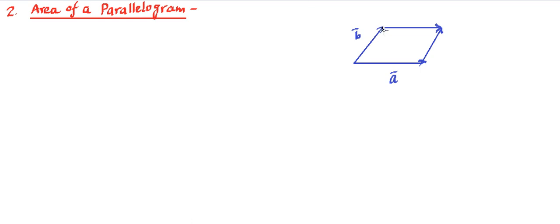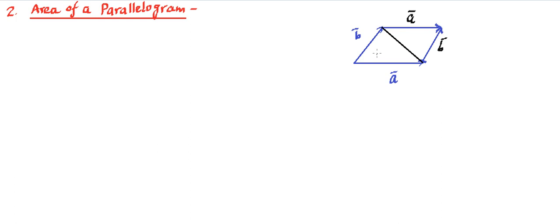If we join this by a construction, this line will divide the parallelogram into two equal halves, and this will be the area of one triangle, this will be the area of another triangle. If this was vector A, this is also vector A, and this is vector B, just like this was vector B. So the parallelogram occupies twice the area of a triangle.